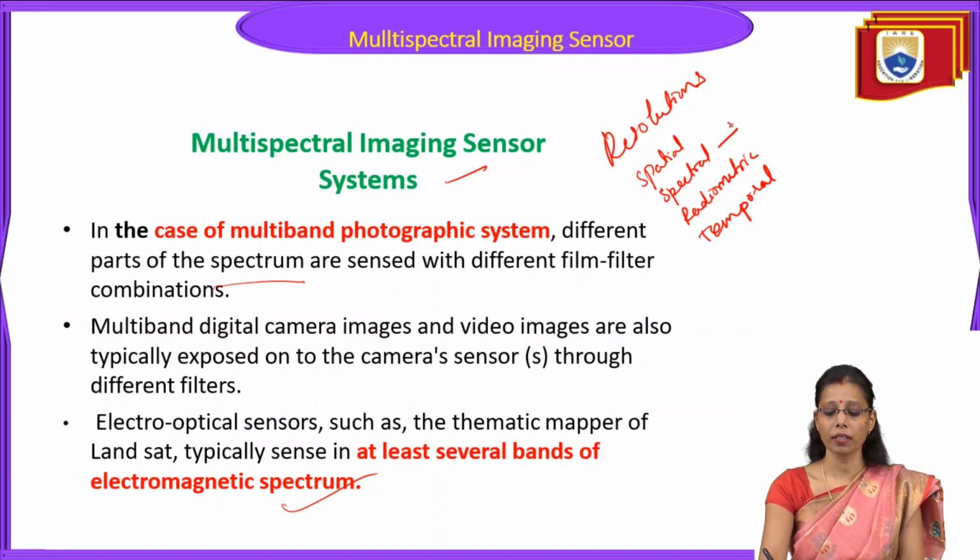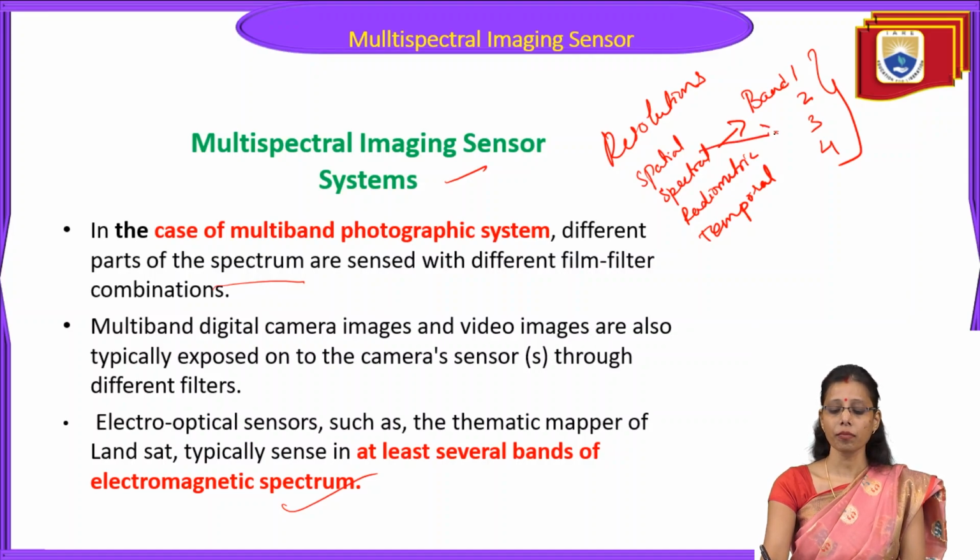In the spectral resolution, we discussed the different bands, like band 1, band 2, band 3 or band 4. So satellite imagery with high spectral resolution gives the information in 3 bands and 4 bands, right? So this 4 band information is given in the multispectral bands.